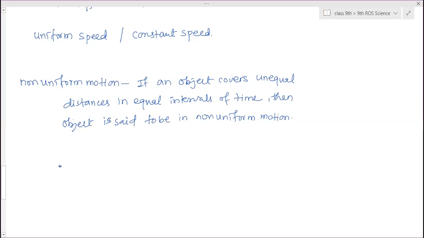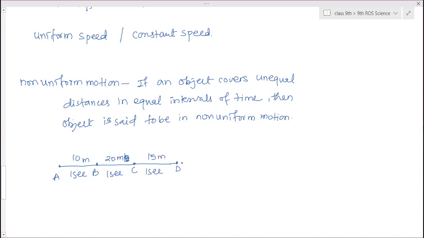For example, moving from A to B, 10 meter, it is a 1 second duration. It has covered 10 meters. But here it increases the speed. In the next 1 second, it has covered 20 meter distance. Moving again from C to D, the time duration is 1 second, but it has decreased speed, so it has covered only 15 meter distance.